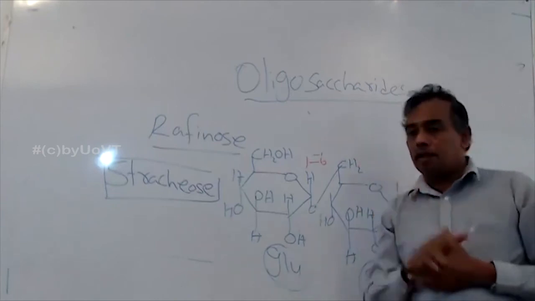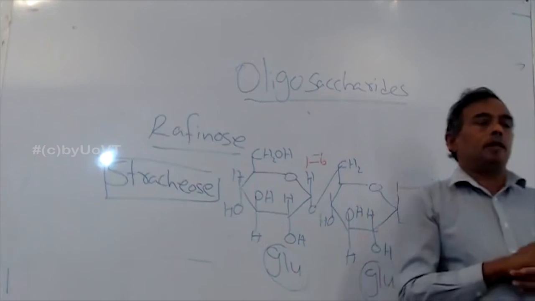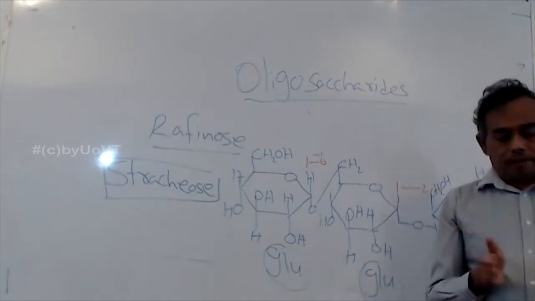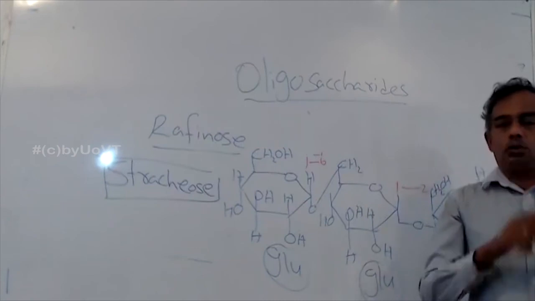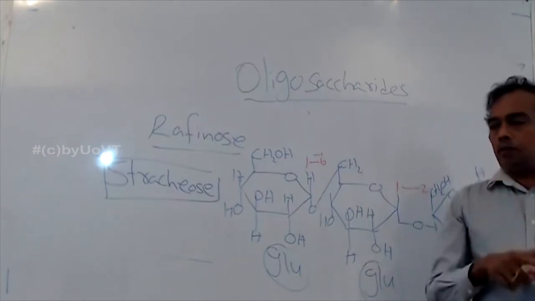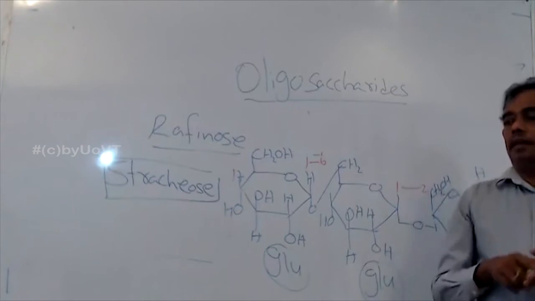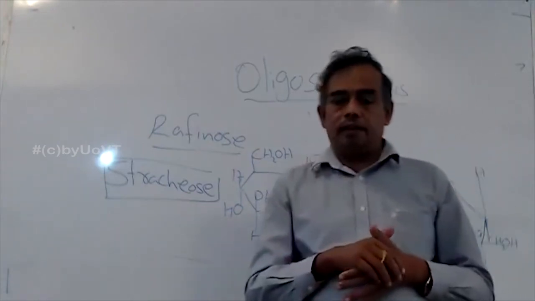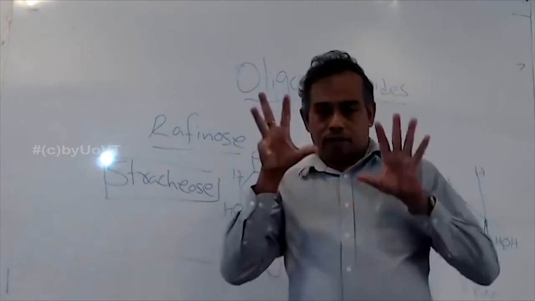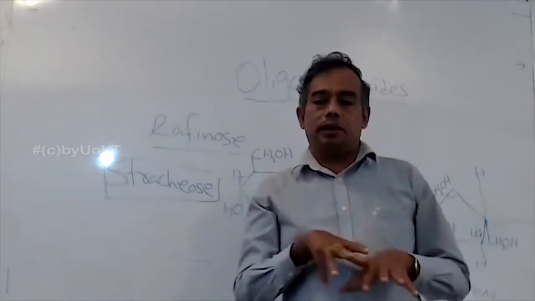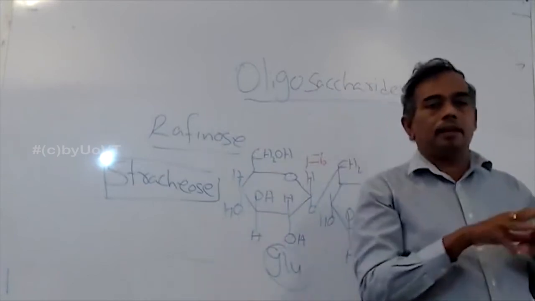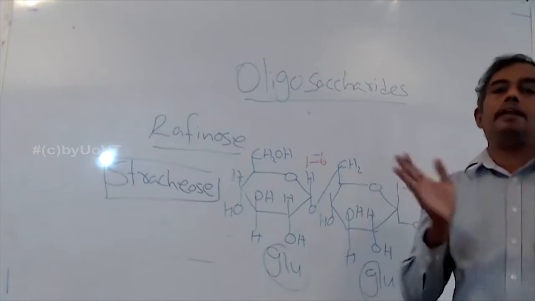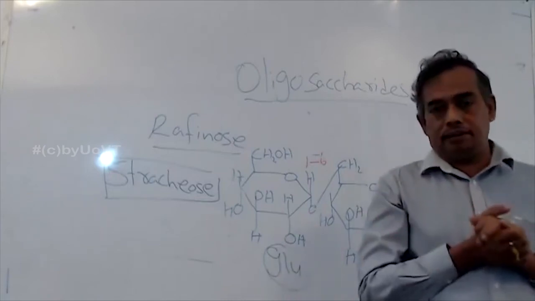That is the availability of free anomeric carbon. Then we discussed a few examples of disaccharides: maltose, sucrose, lactose. In addition to that, we explained trehalose. Then I drew the structures of all those things and explained the availability of free anomeric carbon. What is free anomeric carbon? Everything I explained in my first lectures.